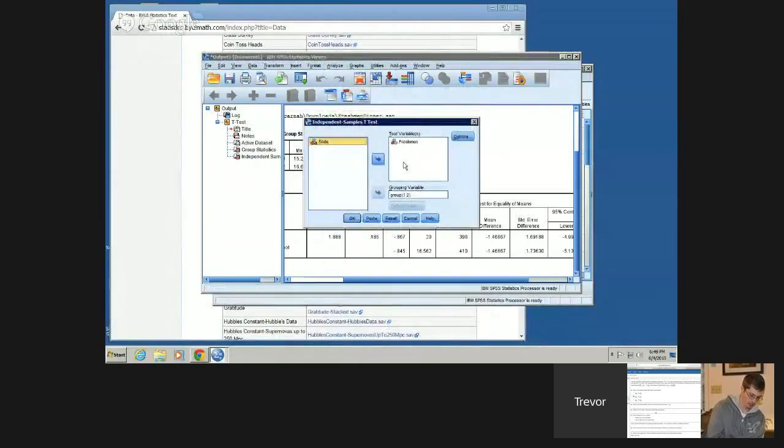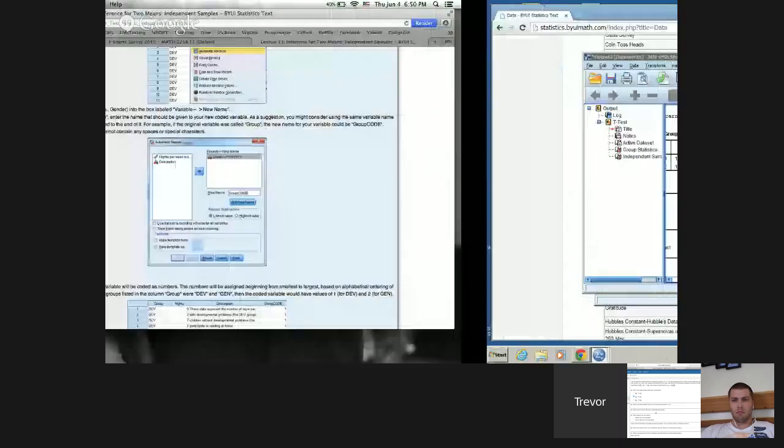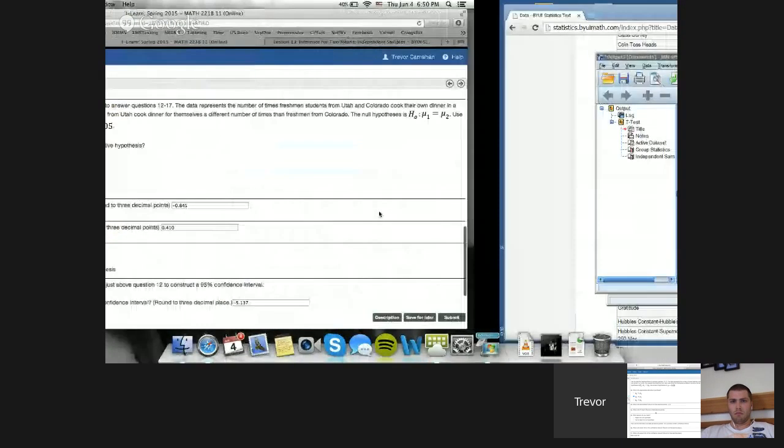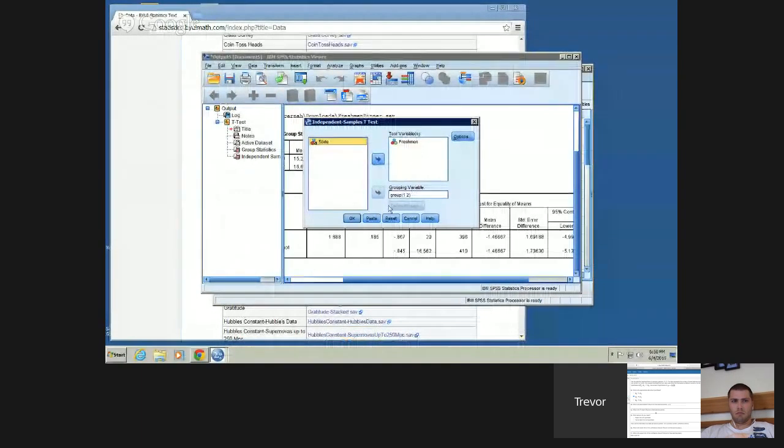Which one? 13. What was the test? When we computed it in SPSS, the test variable was freshman. The group variable was the one we changed.